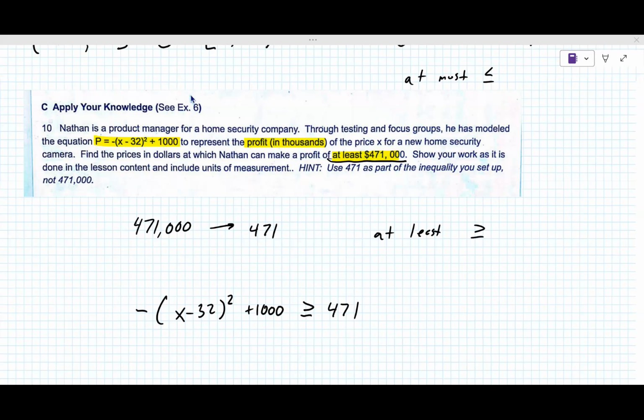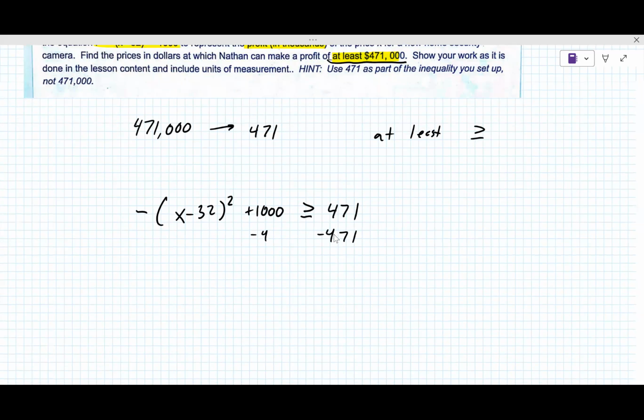They've chosen wisely here. So I'm going to subtract 471 from both sides. And I'm going to do something here that may make you wonder why we're doing that. I'm going to switch the order. So 529 minus X minus 32 squared greater than or equal to 0. I just put the result over here to the left of this.